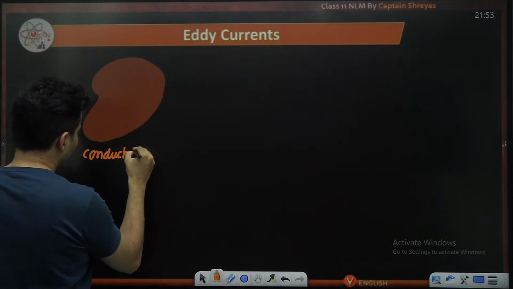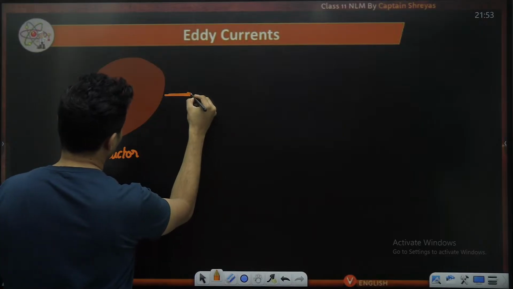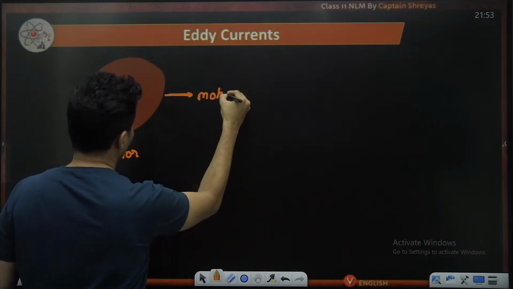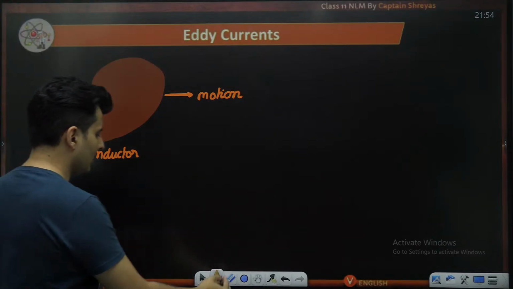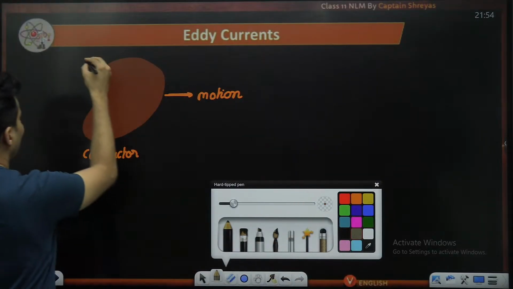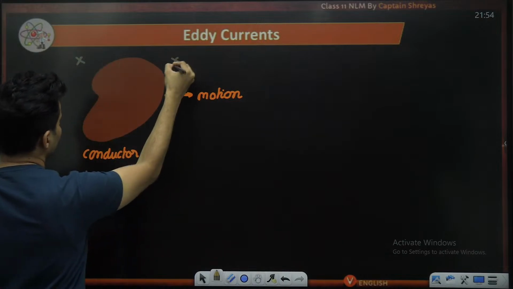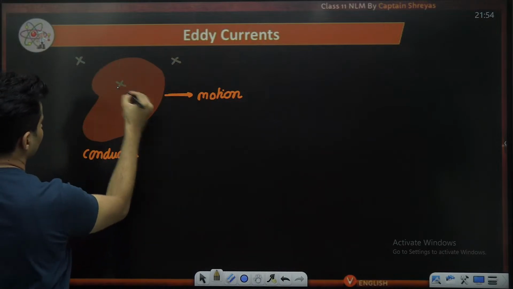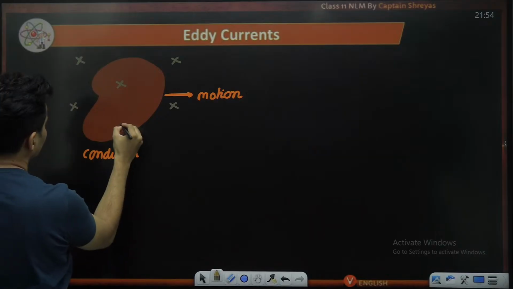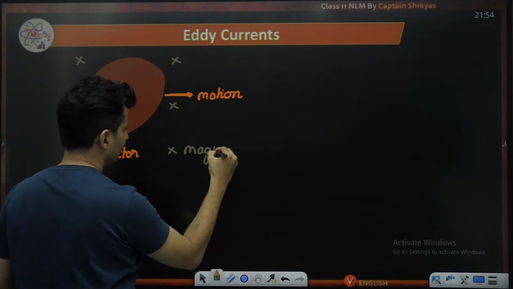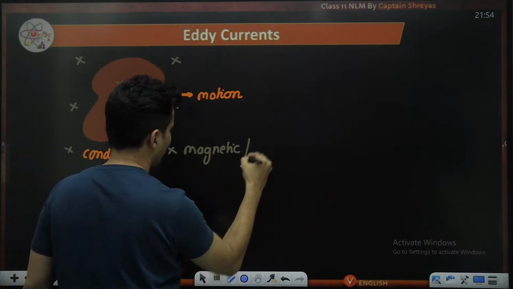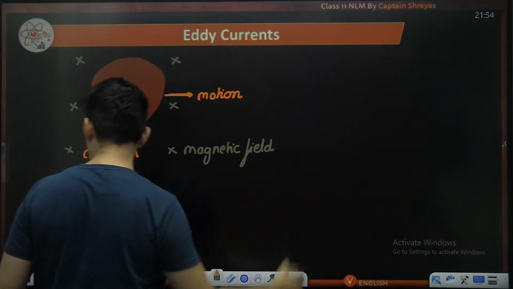And this conductor is in motion. What will happen if this conductor is in motion in some magnetic field? Magnetic field is also there.